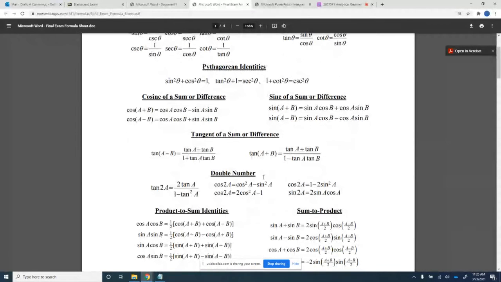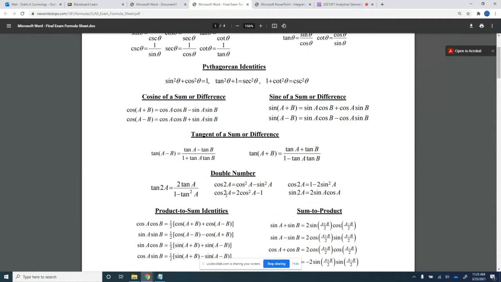So I'm still looking at these double number identities, and I want to look at this double number identity for cosine, the second one. It says cosine of 2a, and I'm actually going to write this down.